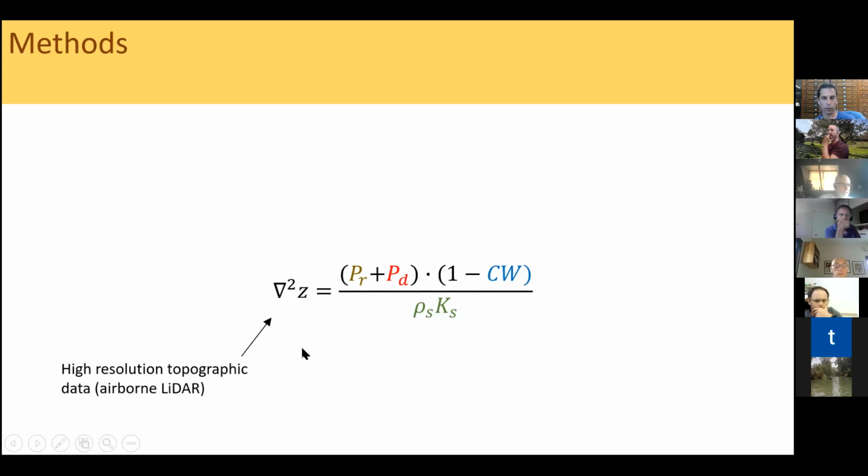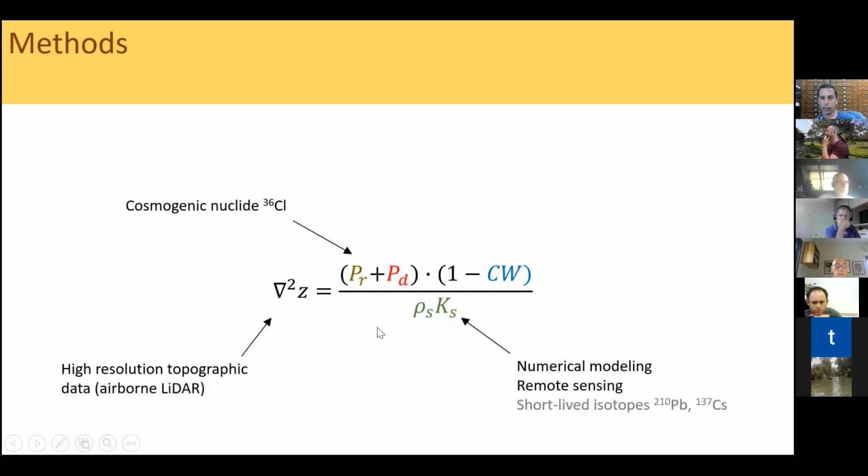So I will go very briefly over the methods. To quantify the topography, the actual curvature of the landscape, we used high resolution topographic data. We quantified denudation rates or weathering rates using cosmogenic nuclides, specifically chlorine 36.